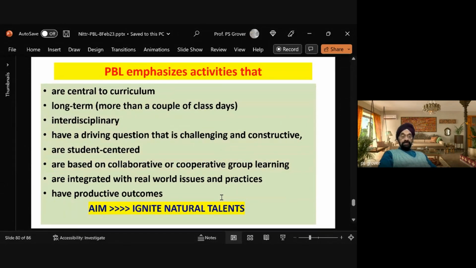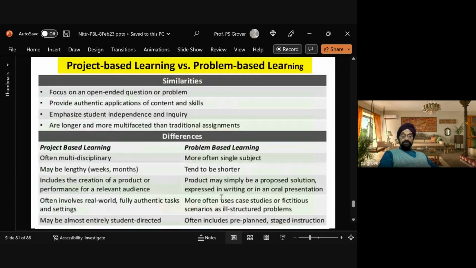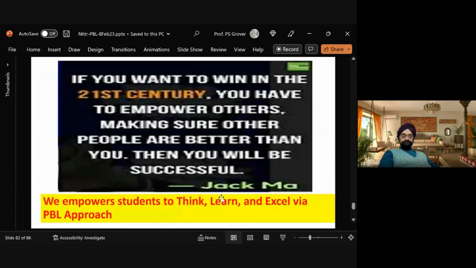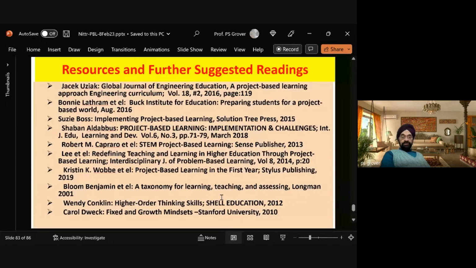So the aim of all this is to ignite natural talents. In fact, if you want to win in the 21st century, you have to empower others, and PBLA empowers. Making sure other people are better than you, then you will be successful. So we empower students to think, learn, and excel via PBLA. So please appreciate these things. This is how it is going on.